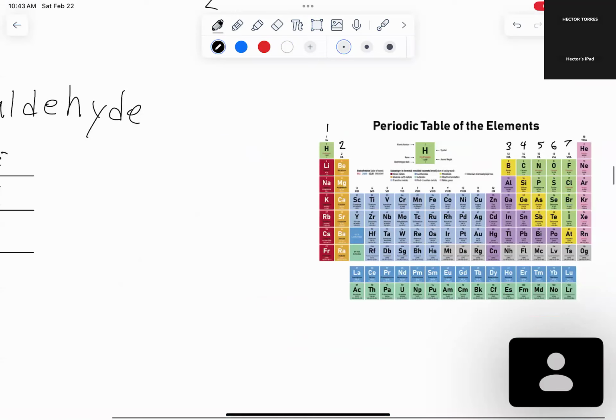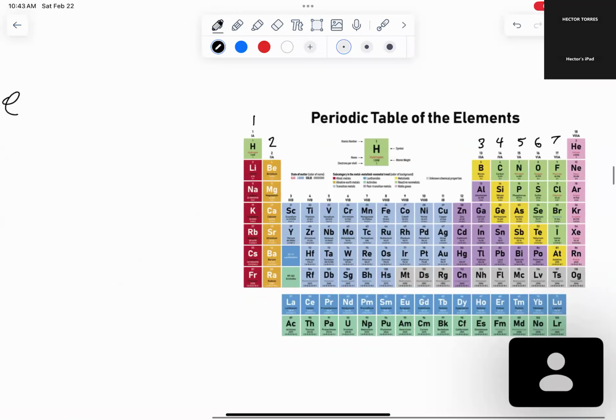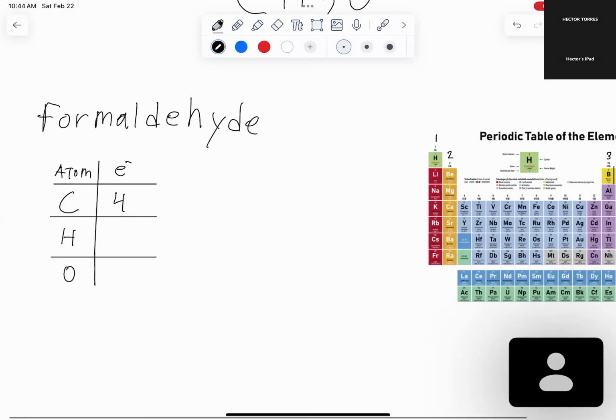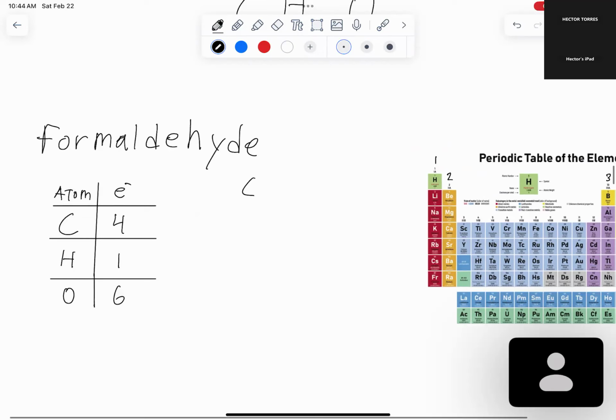For hydrogen and oxygen, hydrogen's over here in column 1, so that's going to be 1 valence electron, and oxygen's over here, so it's going to have 6 valence electrons. Let's write those down: 1 and 6. Let me write the formula over here, just so we remember.